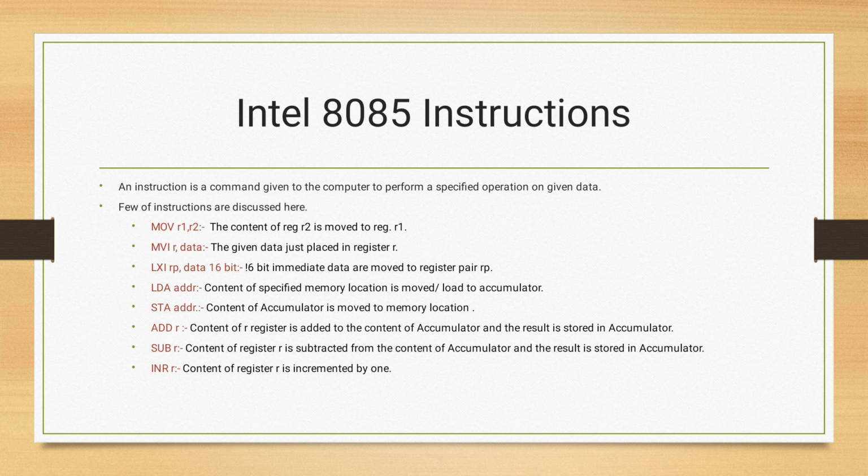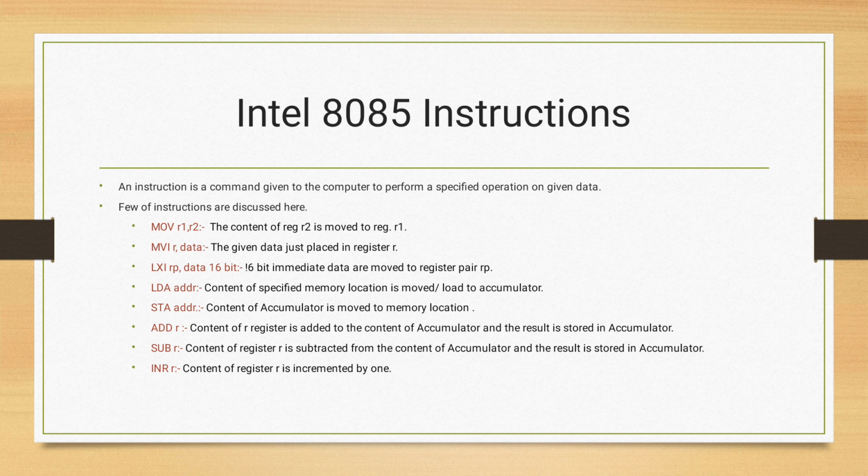Similarly, for the instruction MVI R, data, the data given is directly placed into the register R, and R represents some arbitrary register. It may be A, that means accumulator, B, C, D, E, whatever it is in the 8085 microprocessor. The next one is LXI RP, 16-bit data.